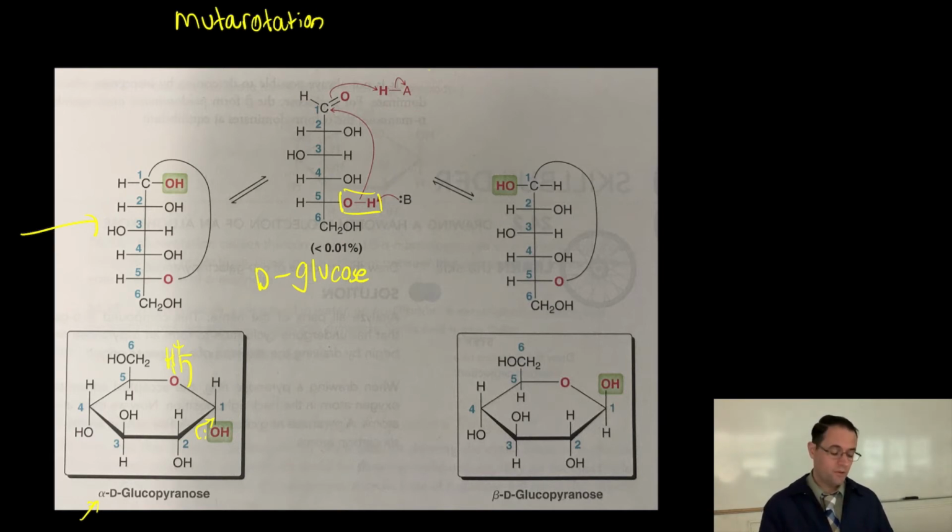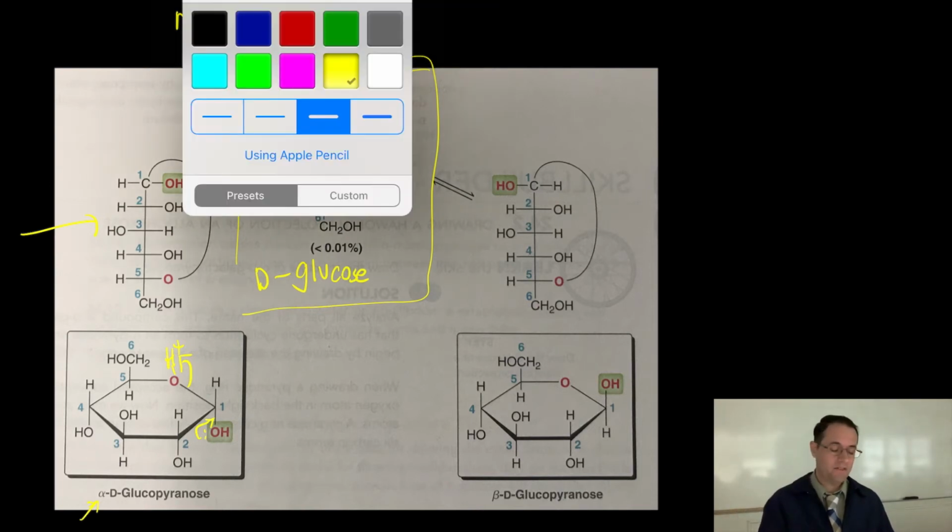And that would give you the aldehyde shown right here, top center. Now, when that hydroxyl group decides to attack the aldehyde, it can do it from the top face or the bottom face. Remember, an aldehyde is trigonal planar. So the OH group could attack from the top face of the plane or the bottom face of the plane.